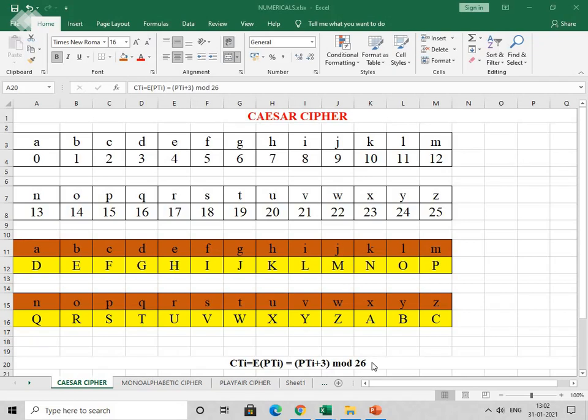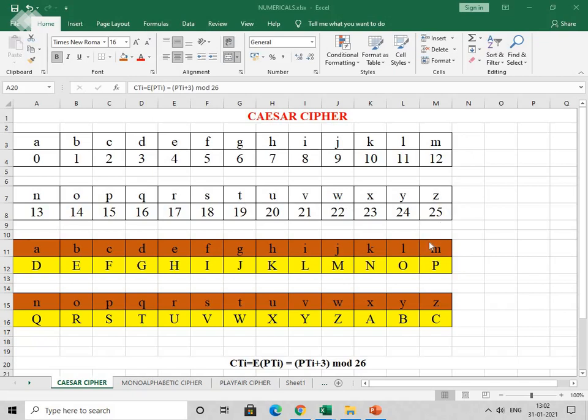In this cipher, each alphabet is numbered as A equals 0, B equals 1, C equals 2, D equals 3, in this way up to Z equals 25. We are going to start from 0, right? So A will be numbered as 0 and Z will be numbered as 25. Since there are 26 alphabets, I have written the respective numbers for every alphabet.